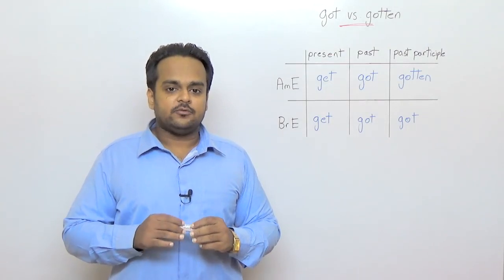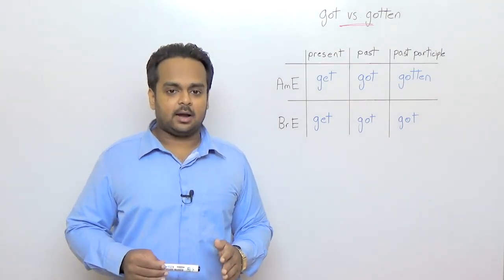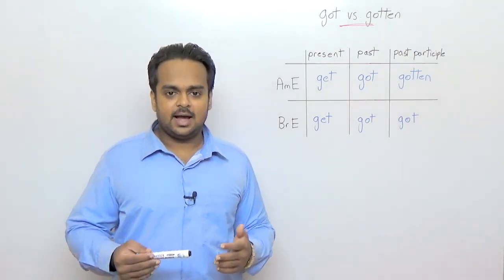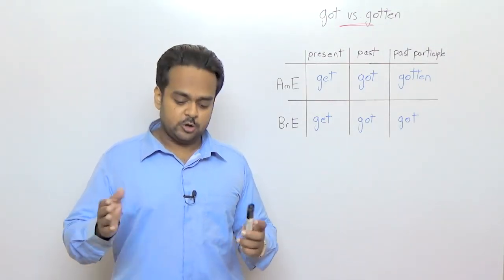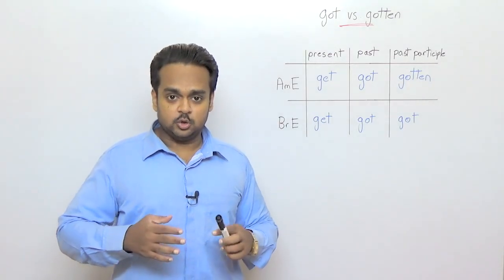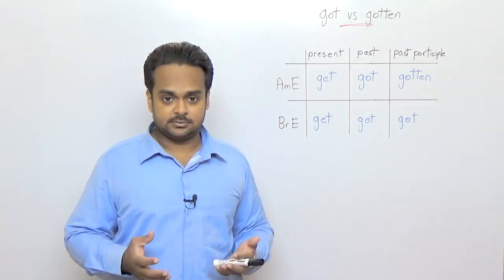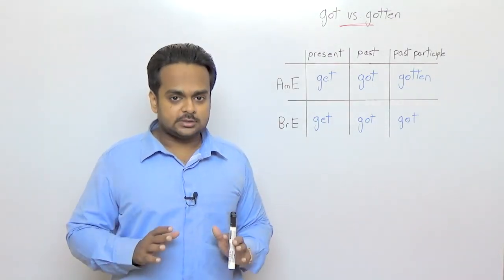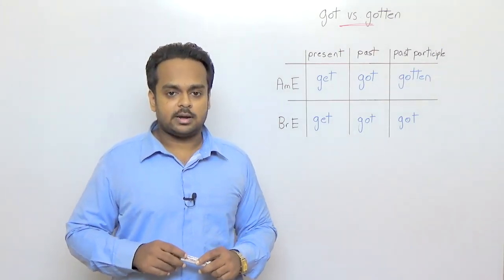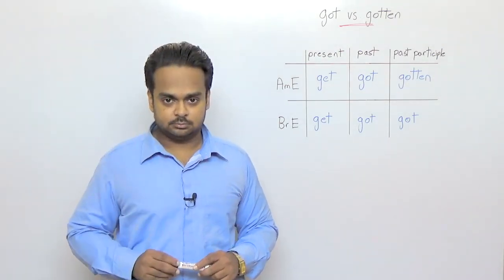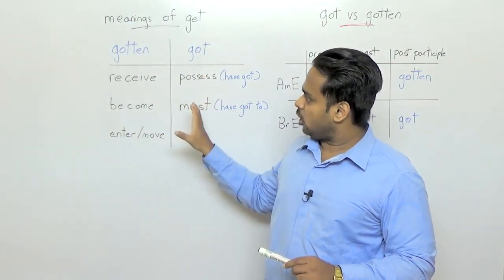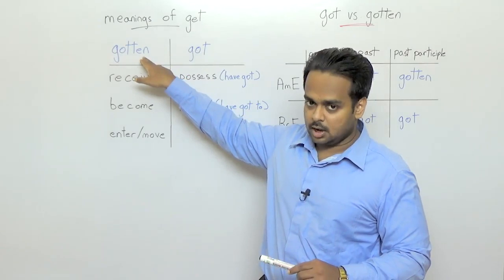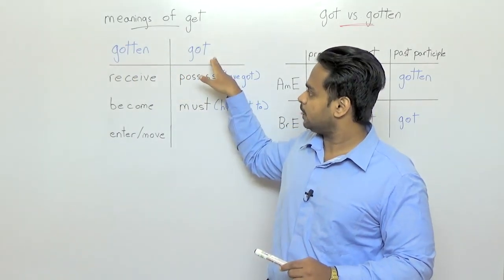Well, all that confusion stems from the fact that the verb get has many meanings. Now, if you take your dictionary and you go to the entry on get, you will see many different meanings. Well, thankfully for us, we only need to worry about 5 meanings. All right, you'll see here that I have another chart and I have written gotten up here and got over here.